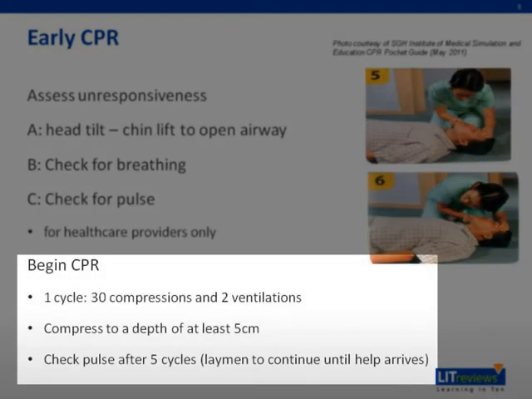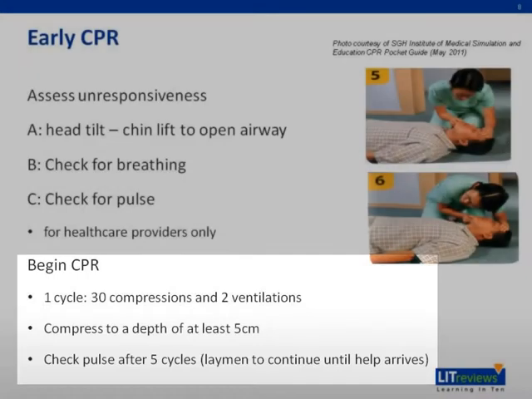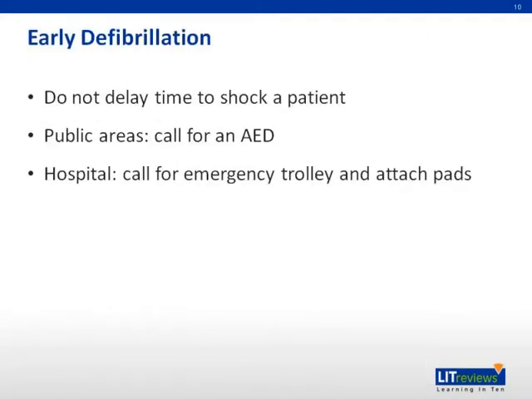Cardiopulmonary resuscitation consists of 1 cycle of 30 compressions and 2 ventilations. Remember to check for carotid pulse after 5 cycles. If you have access to an AED or an emergency cart, attach the pads and deliver a shock as soon as possible. We will talk about AEDs later on in this lecture.